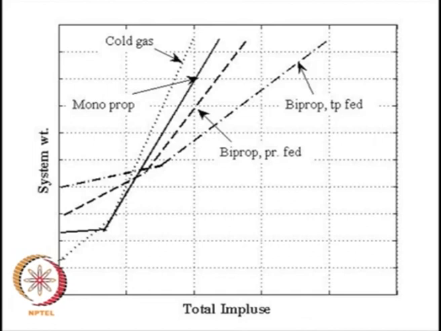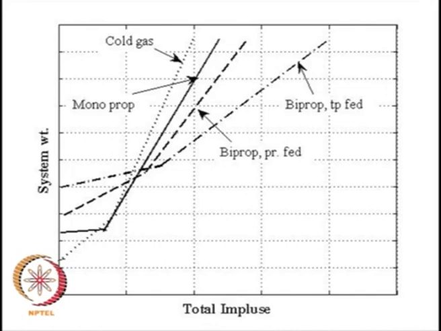If you have something like 10 power 5, you can see that the system weight will be something like 10,000 kgs if you use turbo pump fed system, whereas if you use a pressure fed system, it will probably be something like 10 power 7 or 10 power 8, okay.